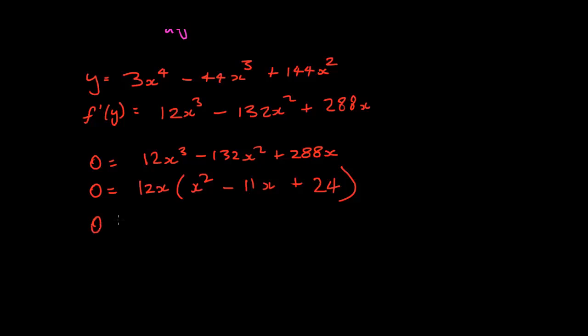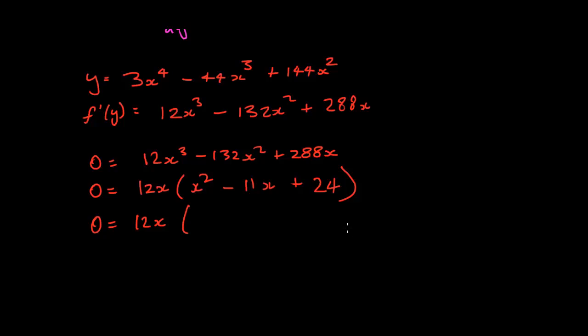So we've got 0 equals 12x, and now we can even factorize this further. What actually multiplies to give 24 and adds to equal negative 11? Obviously it has to be two negative numbers, since this has to be negative and this has to be positive. So which two negative numbers add to equal negative 11? Negative 5, negative 6?